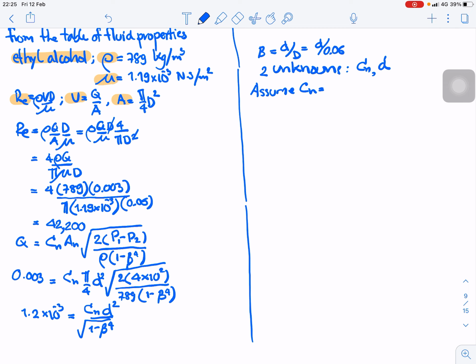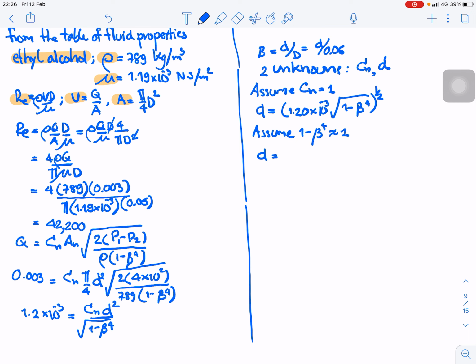Let's say Cn equals 1, and you can estimate d. Next we further assume that 1 minus beta to the power of 4 is about 1.